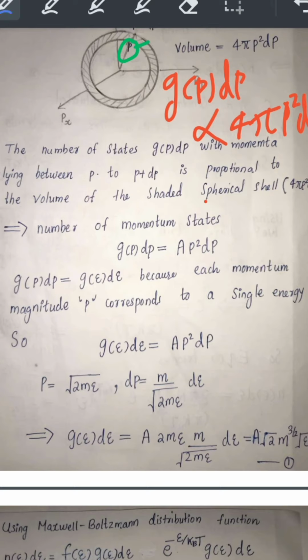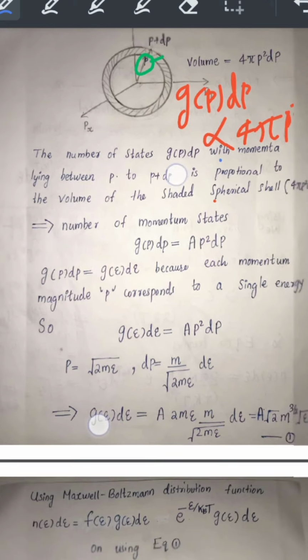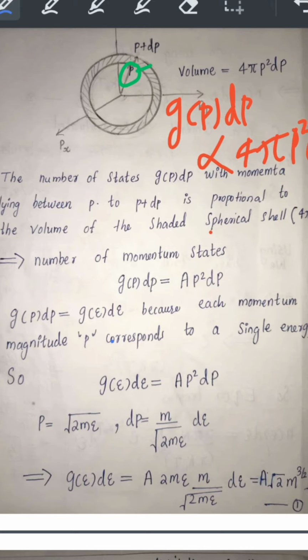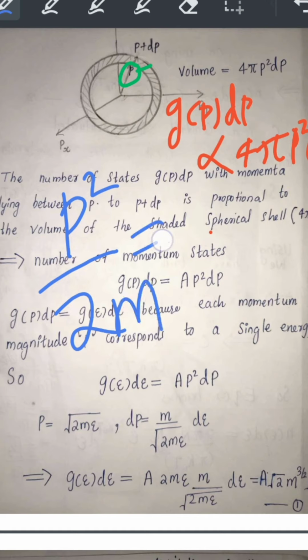And actually, this g of p dp is equal to this g of epsilon d epsilon, because each momentum magnitude p corresponds to a single energy epsilon. Each momentum p corresponds to a kinetic energy p square by 2m, which is equal to the energy here.